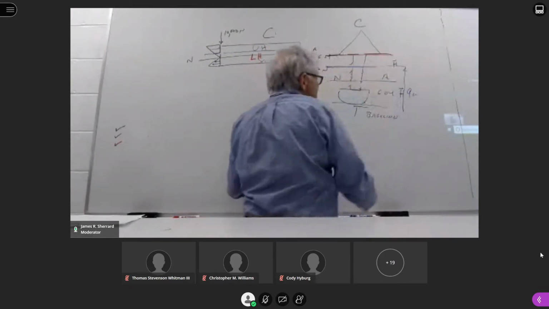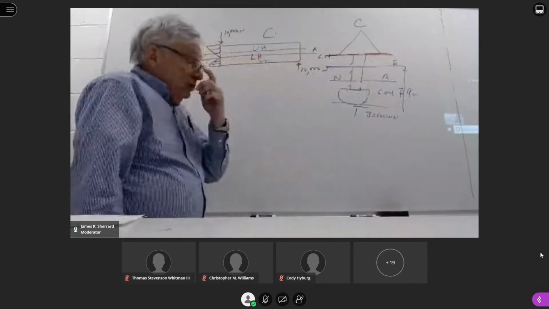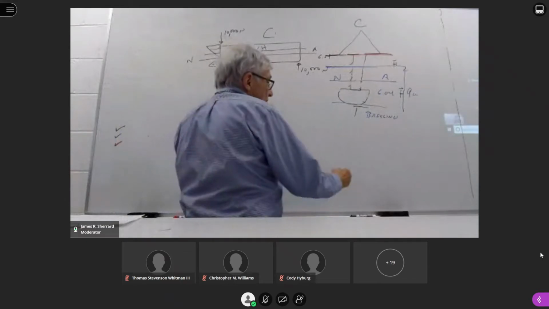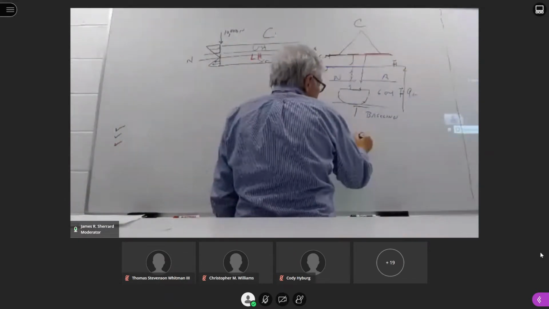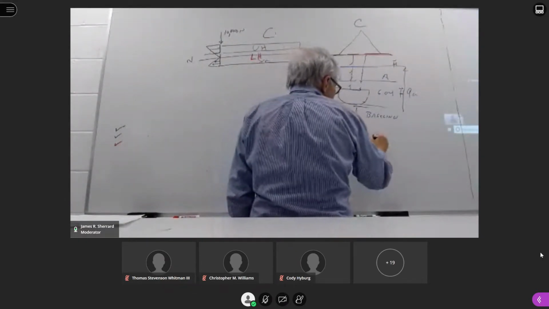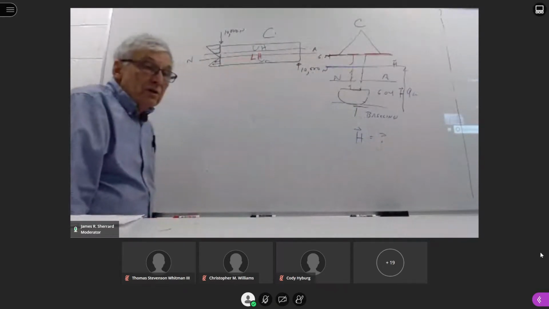So I cut it right here, and I ask you to find, in that cut, what is the horizontal shear.